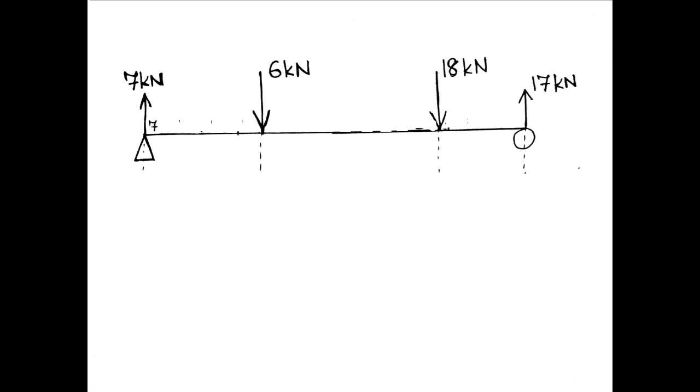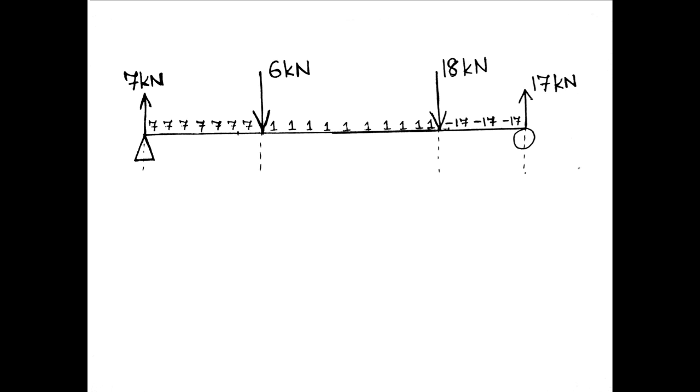Start from just after support, plus 7, and there are no loads so it stays 7. This is a 6 kilonewton downward force, minus 6, 7 minus 6 is 1, and it stays 1 with no loads. Again, this 18 kilonewton is downwards, therefore minus 18, 1 minus 18 is equal to minus 17, and it stays minus 17.